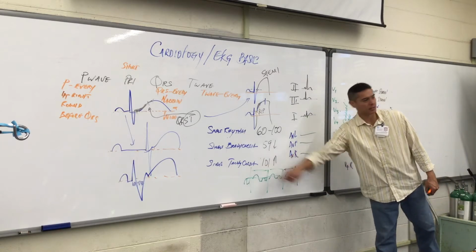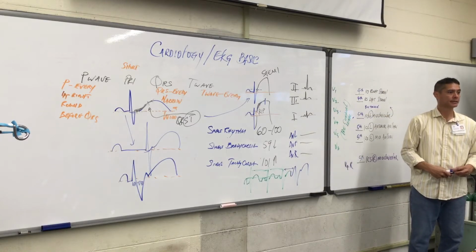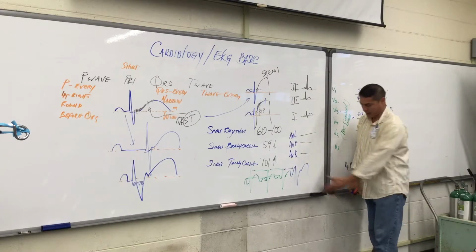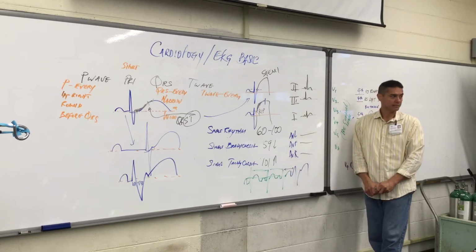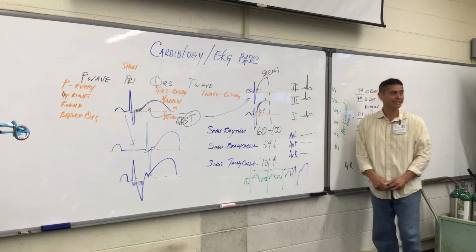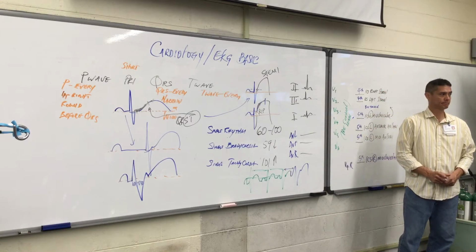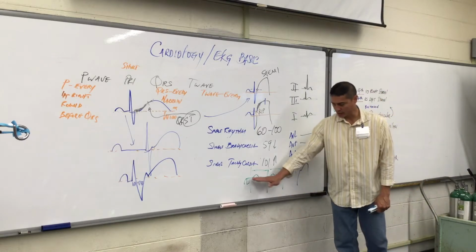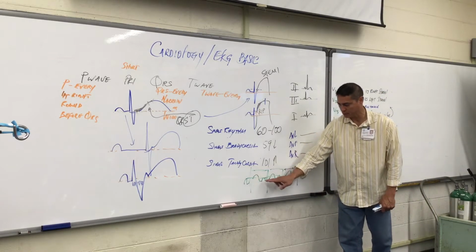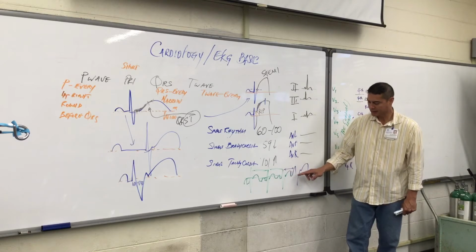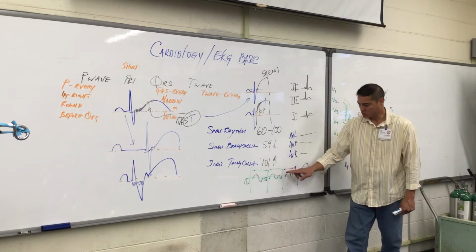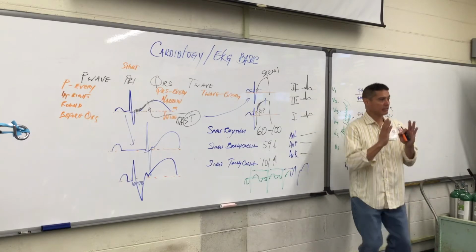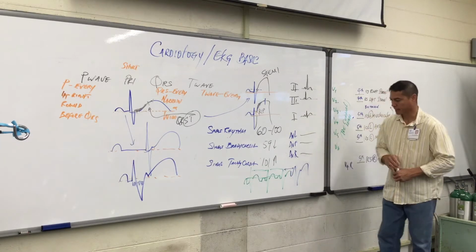It's not the same as the previous ones that are marked in green. It means that it came early. It fired early. There's an earlier beat. That's why the spacing in between is shorter. Again, let's look at these normal ones. There's a P, QRS, T, P, QRS, T, P, QRS, T. And we try to look at the spacing. They look to be as evenly spaced as possible for a freehand drawing.